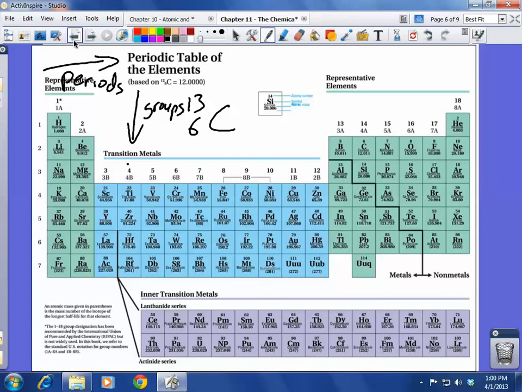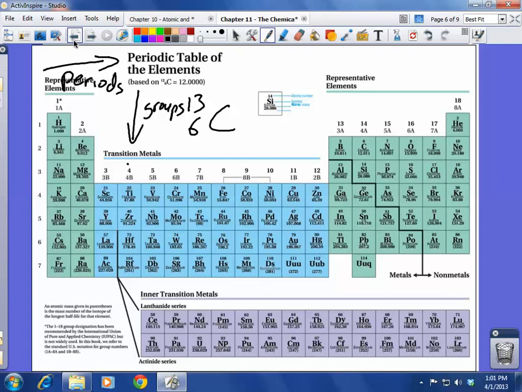And so that's what the groups tell us, but the periods actually tell us something too. Okay? Because if I look at hydrogen, how many orbits does it have? How many orbits for those electrons does it have? 1, right? Because it has 1 electron in 1 orbit around the atom. Okay? Helium has 2 electrons, but they're only in 1 orbit. Well, now if I go to lithium, I had to add another orbit, right?